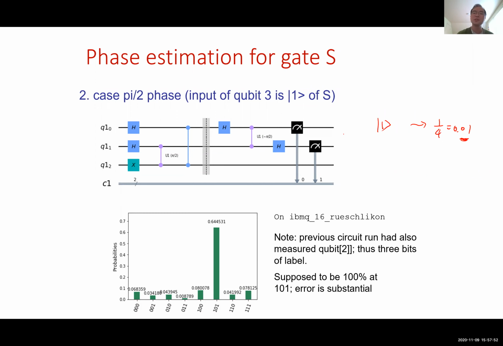In this case, you see that this is the correct one. So you should ignore the third bit. For this circuit, I did not actually measure the newer circuit that I updated today, but this is the old measurement. Okay.